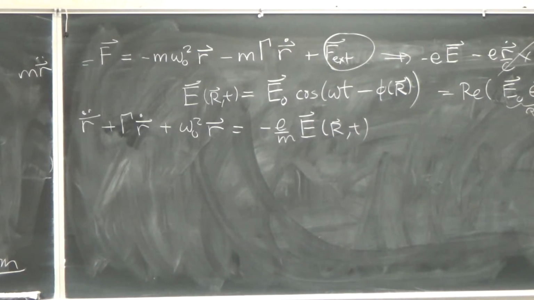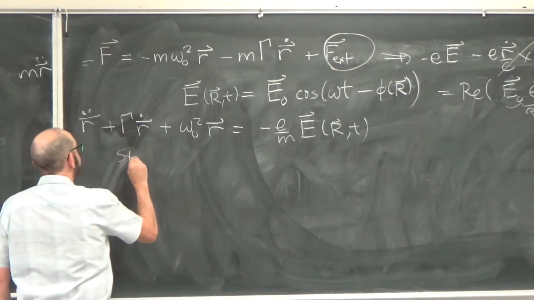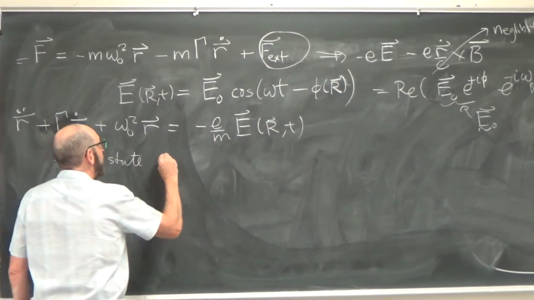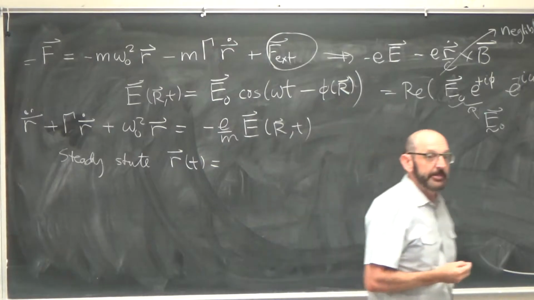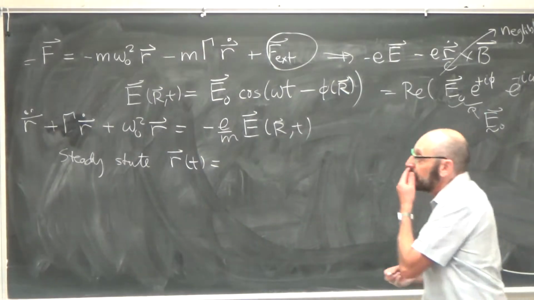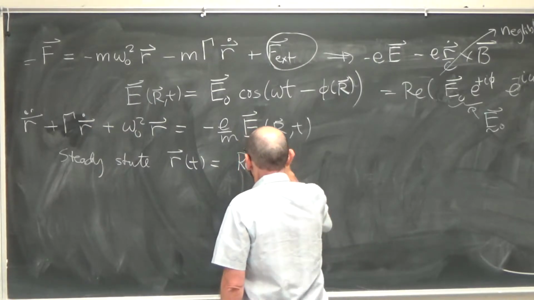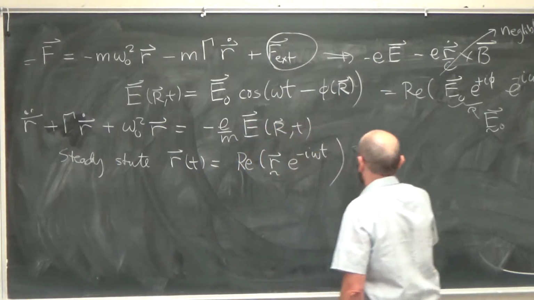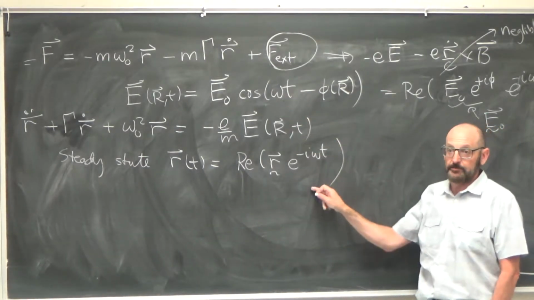So, given that, if I want to write the steady state, I can write an ansatz for the position of the electron as a function of time as some complex amplitude times e to the minus i omega t, the frequency of the drive.